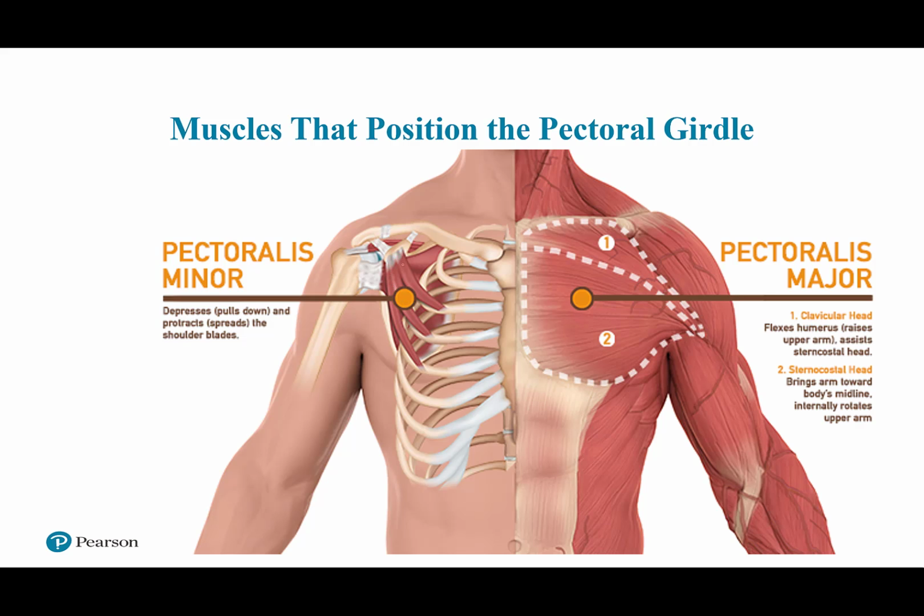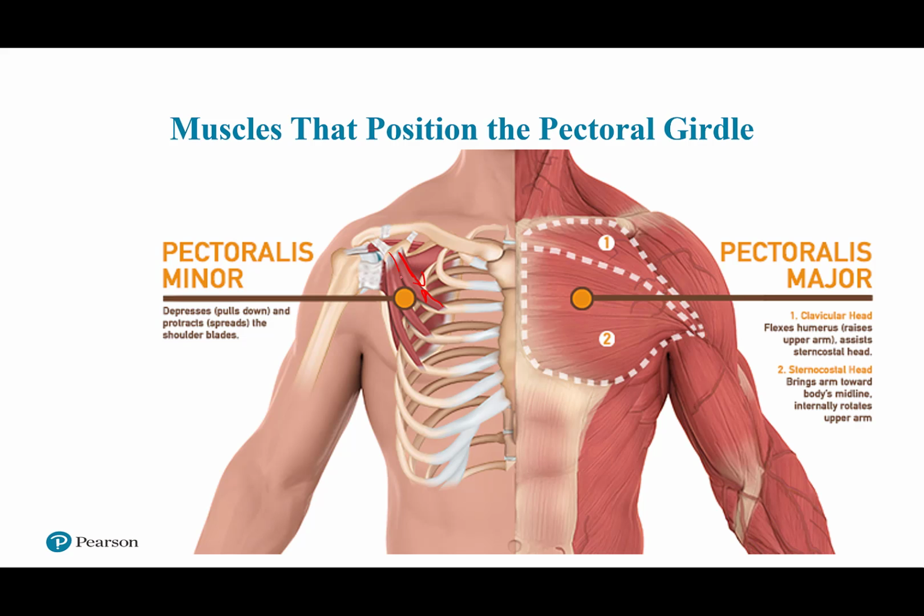As you can see here, it has attachment with the acromial end of the scapula, and basically attaches that to the ribs. With this muscle, so here's the muscle, right?